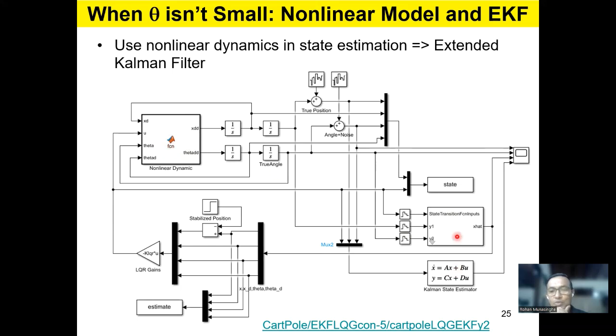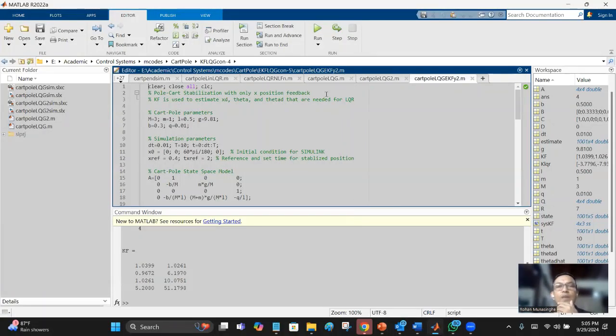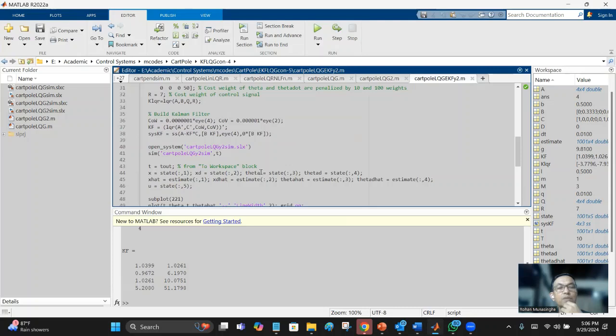So I'll show you how this happens. This is the model for that, and let me run it. This is the Simulink block.